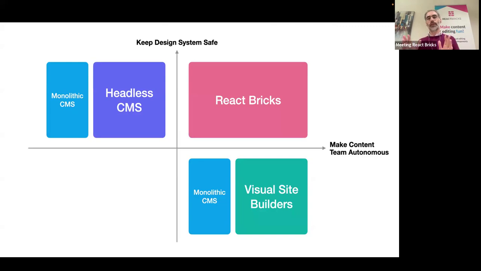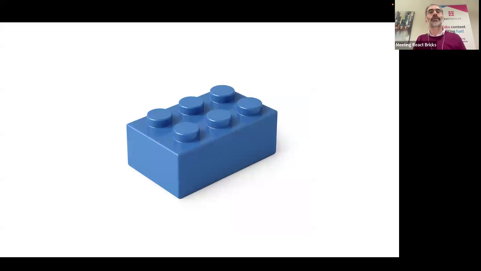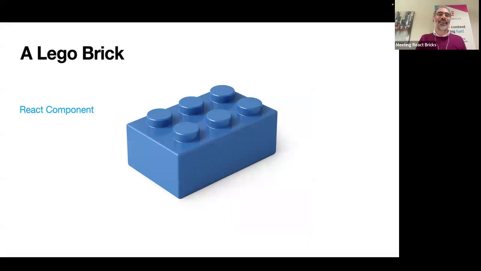With React Bricks, we want to achieve both. So be sure that the content editor can do just what they should without breaking the corporate identity, but at the same time, they should be free to generate new pages as they want. The key to achieve this result is a Lego brick, which is a React component for the content team.